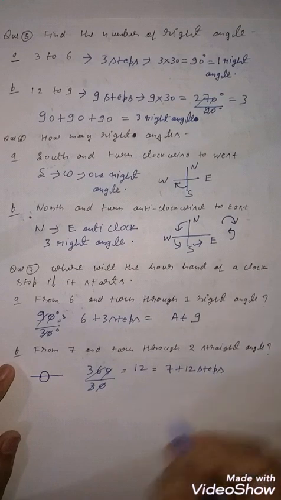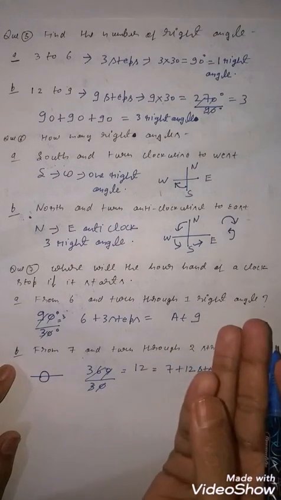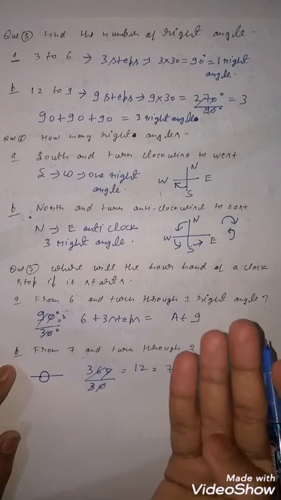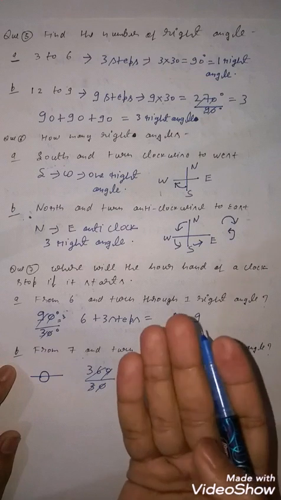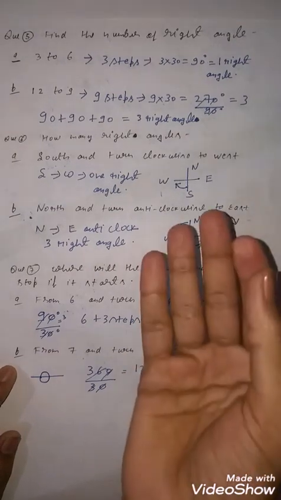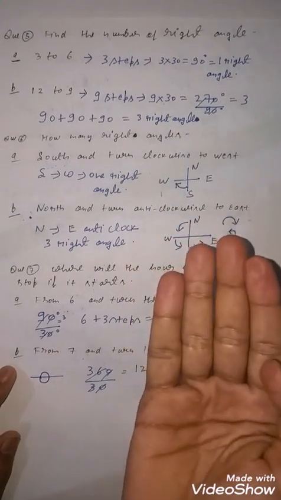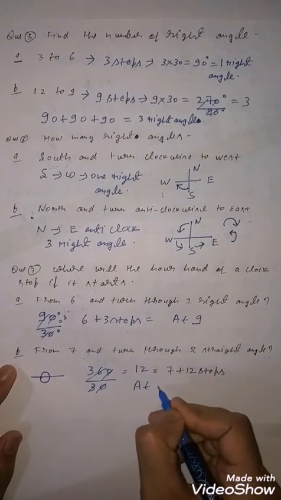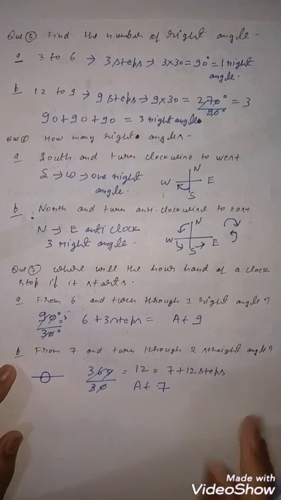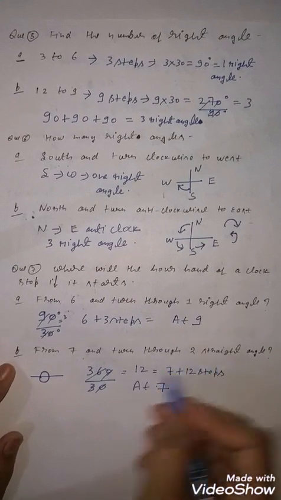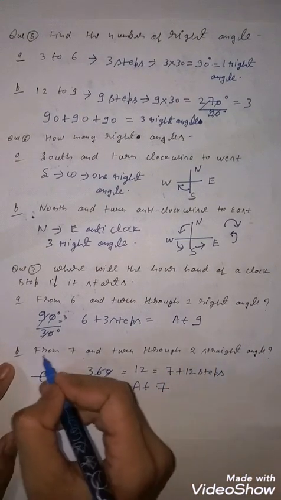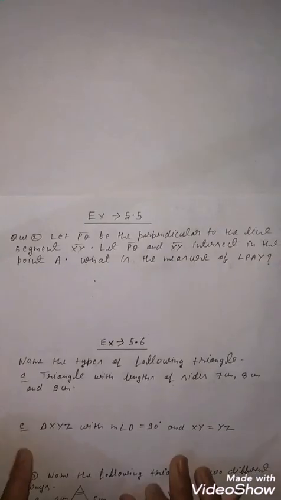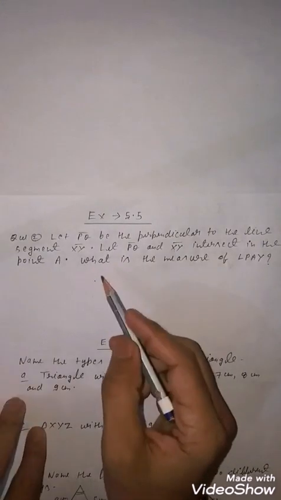After 7 comes 8, 9, 10, 11, 12, 1, 2, 3, 4, 5, 6, 7, so you come again to 7. You can also understand easily: 2 straight angles means 360, which means you come back to the same position. Clear, students?